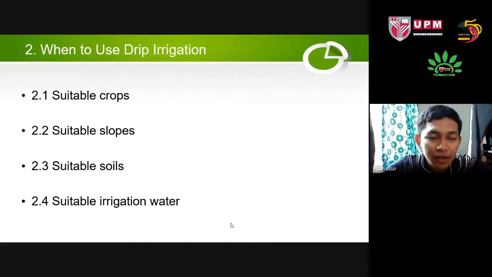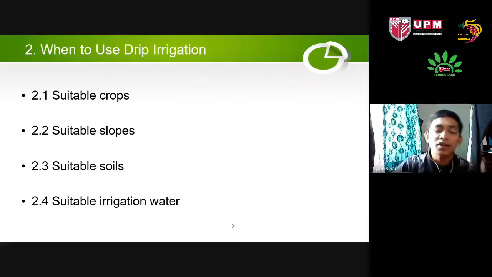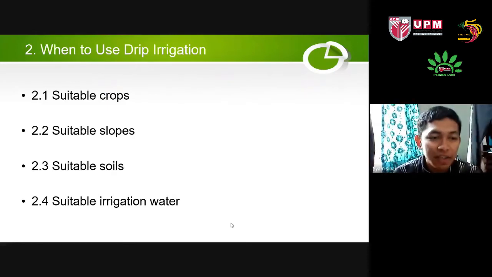So it is easy to block when the water is not very clean. So it is essential for the irrigation water to be clean from sediments or any substance that can block the emitter. Okay, let's go to the next slide.